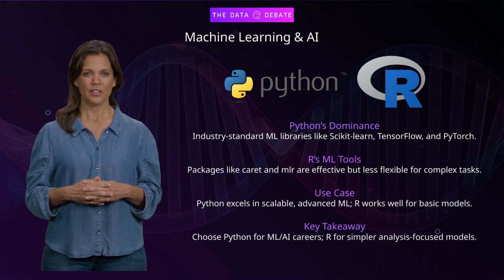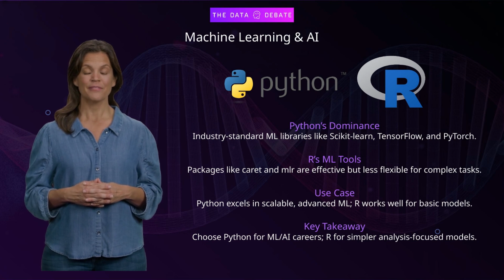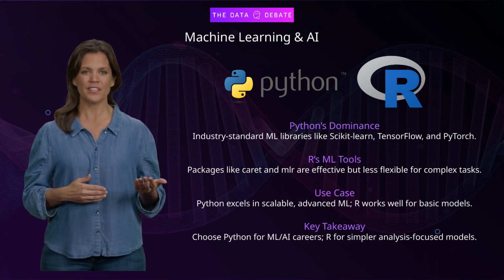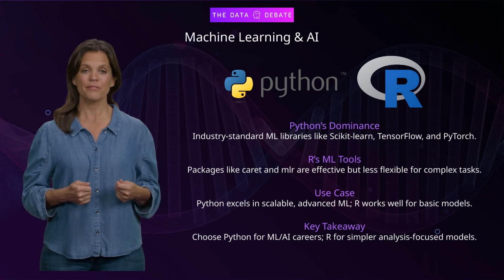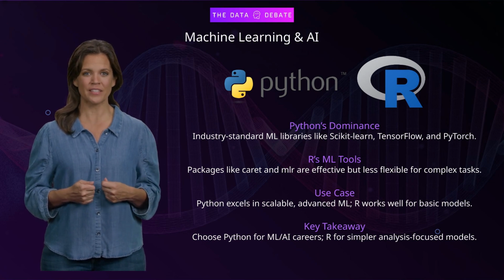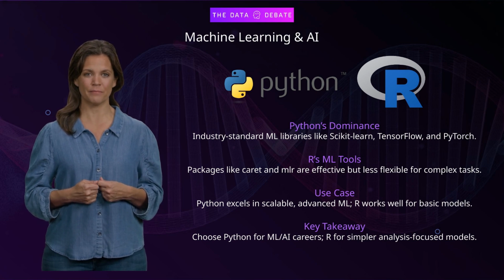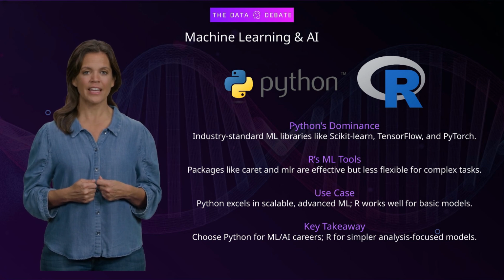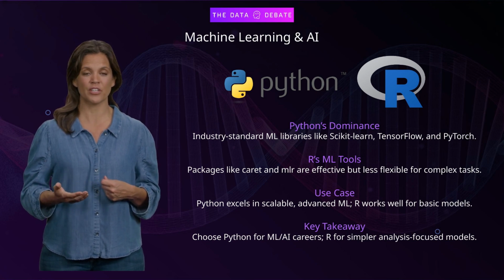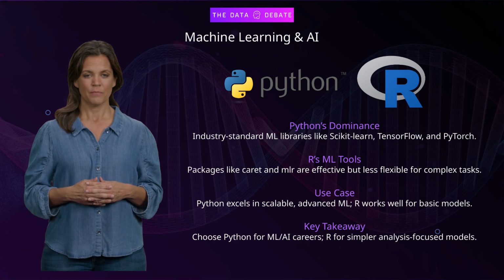When it comes to machine learning, Python is kind of the king. You've got scikit-learn, which is a phenomenal library for ML. Plus, if you're into neural networks, TensorFlow and PyTorch are industry-standard libraries, both based in Python. R does have machine learning packages like Caret and MLR, which are pretty good, but they don't have quite the same support and flexibility as Python's offerings.